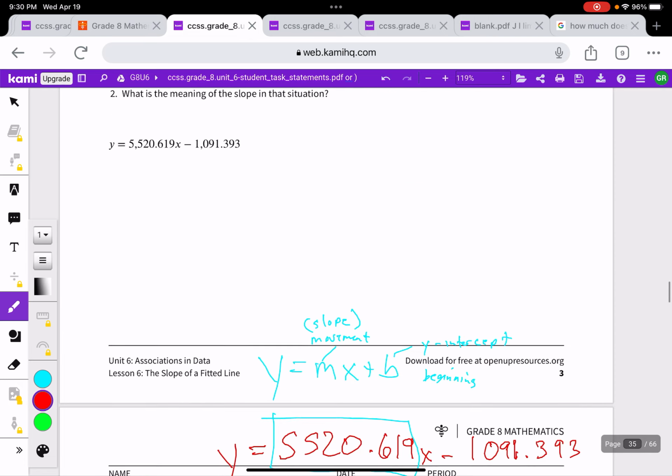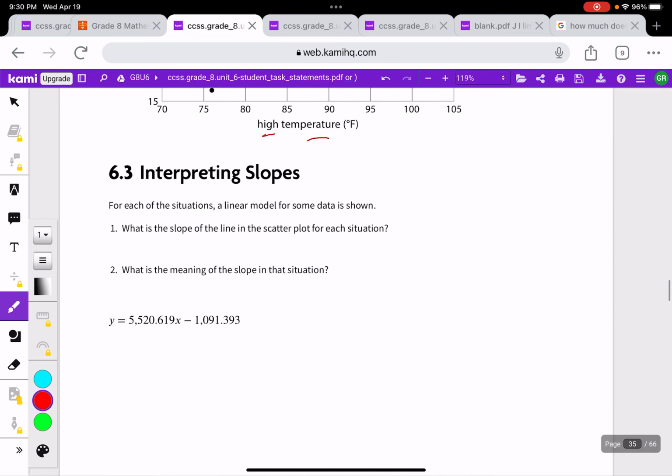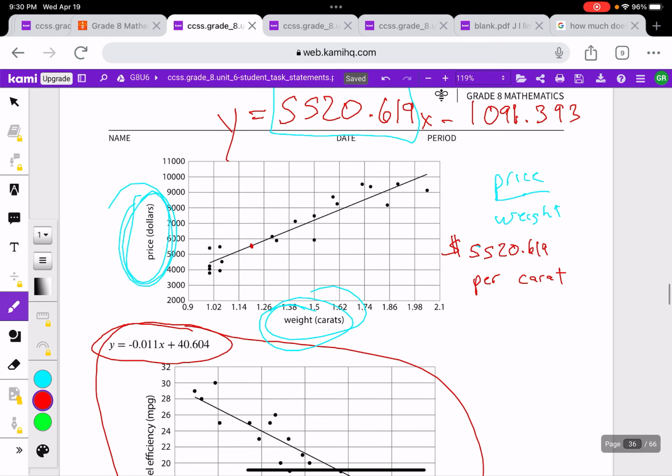So when the question says, what's the slope of the line? Well, apparently, that's easy. They've given us y equals, we're going to be able to find the slope in 2 seconds. Now, finding the meaning, well, we're going to have to look at the graph and the x and the y axis label to figure that out. And we just did that for number 1.